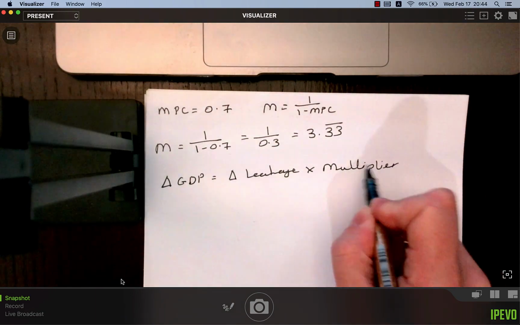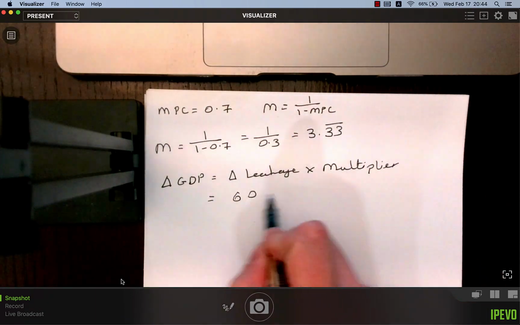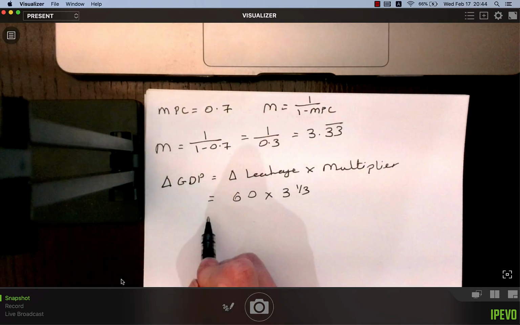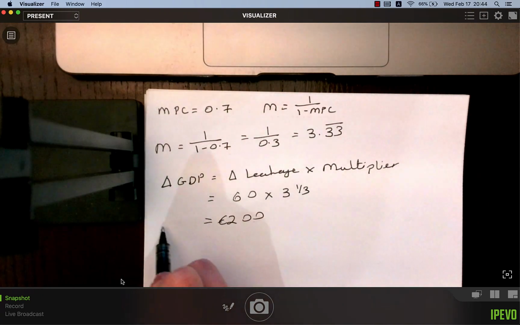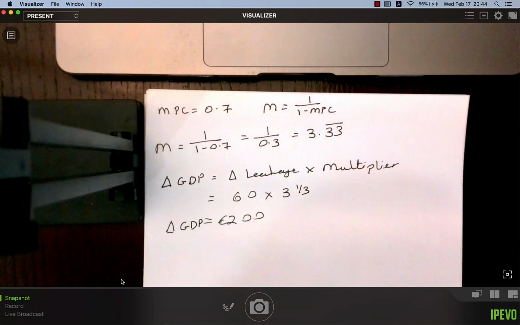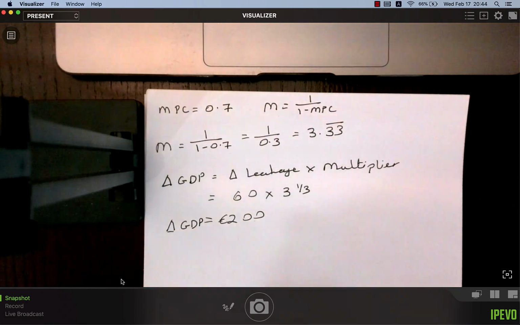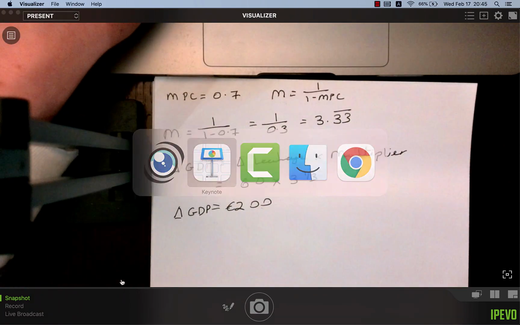That's 60 multiplied by 3 1/3, which I round off to 200. Okay, 200 euro. So national income will not be as high as it was, by 200 billion, million, whatever, because the leakage was not multiplied around the economy and therefore did not give rise to an increase in national income times the multiplier.